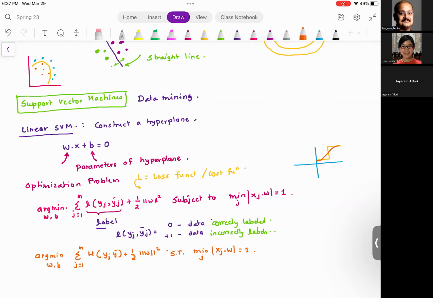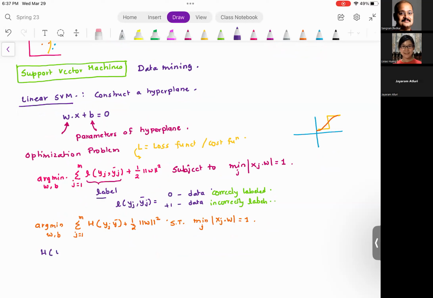This hinge loss function allows the algorithm to work on piecewise differentiation, so that you can actually get results and those results converge quickly.